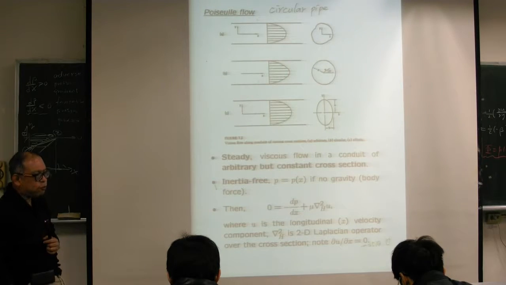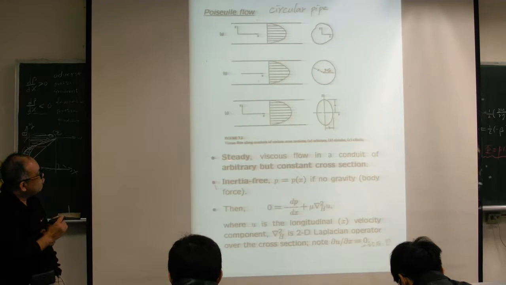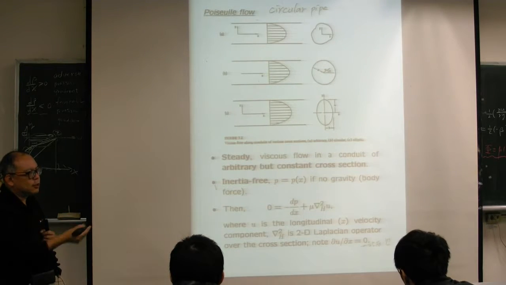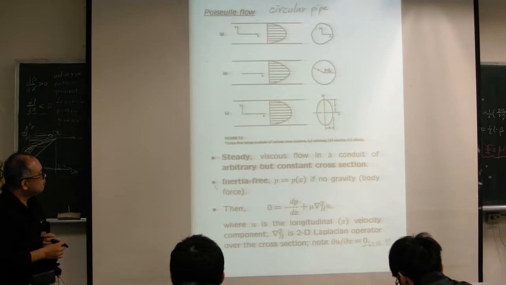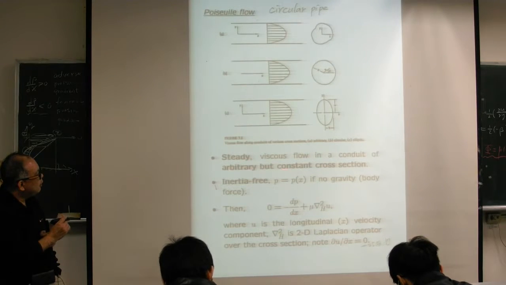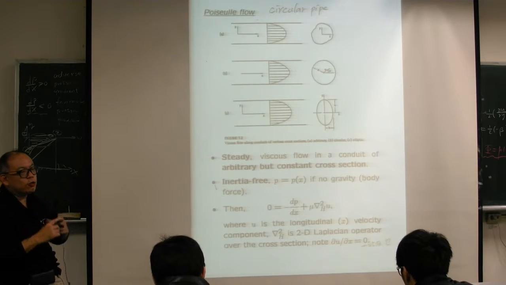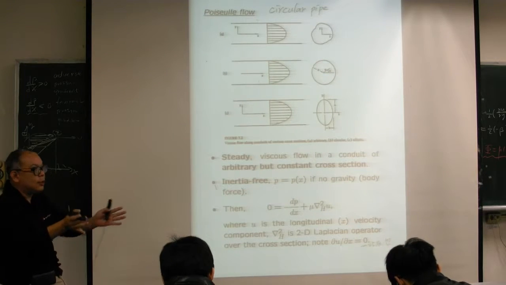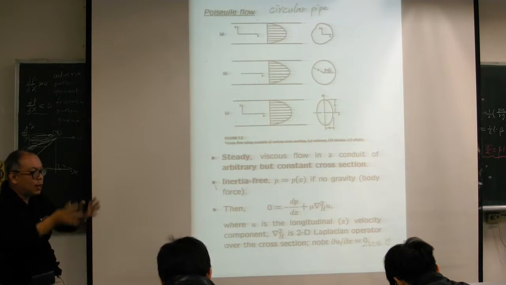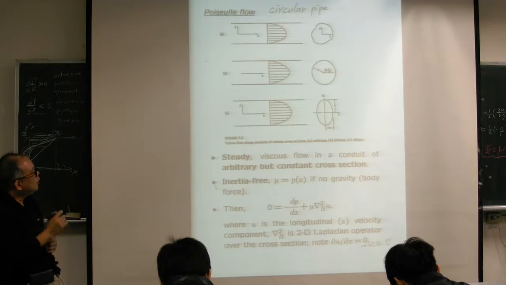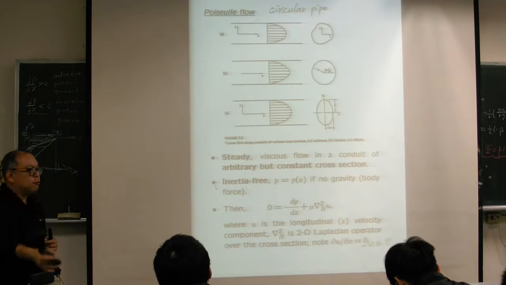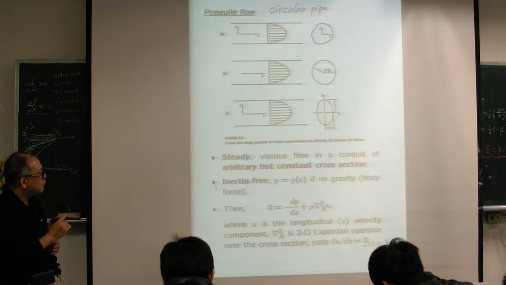Again, we assume steady state, we don't consider intermittent flow, and we have a constant cross section. That means the cross section doesn't change, no sudden increase or decrease. If circular, all the same circular; if elliptic, the whole tube is elliptic. The cross section shape doesn't change.